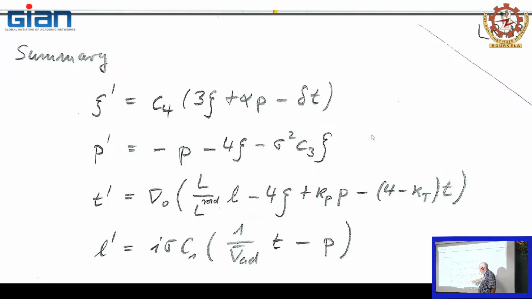This is the second derivative. And in the energy equation, the place where the thermal timescale comes into play, this is a multiplication with i sigma here. For the fourth order system, we have four boundary conditions: two well-defined regularity conditions at the center, and two less well-defined boundary conditions at the surface.